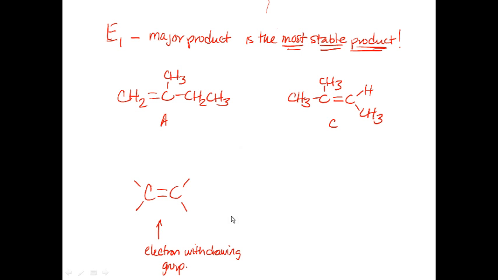Which basically means that the double bond becomes more stable when delta minus charge is pushed into it. And what do I mean by that?